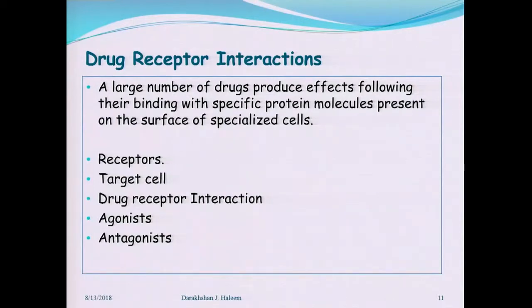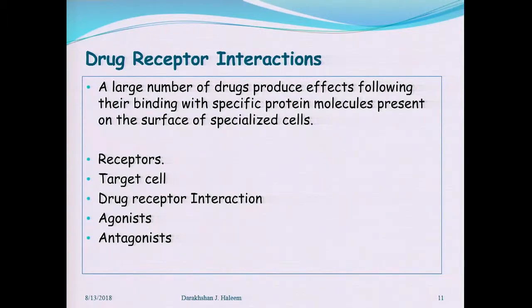So actually, why does an agonist produce a response and an antagonist produce no response? Both of them bind to the receptor sites. They are structurally different.